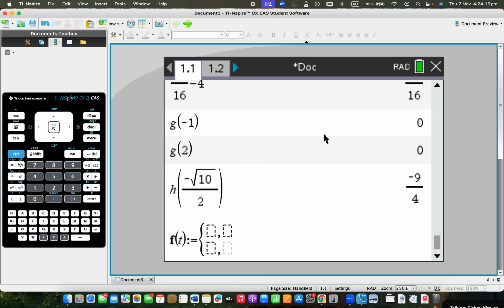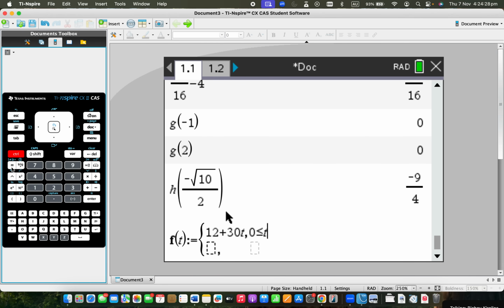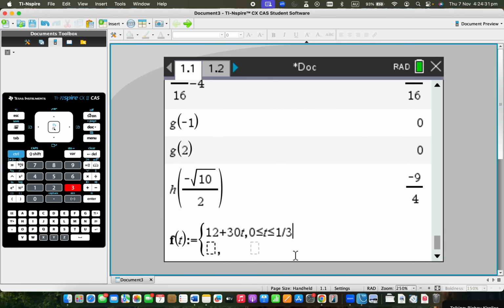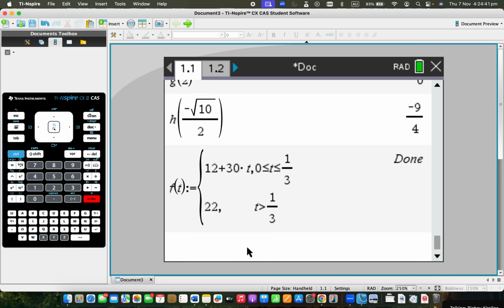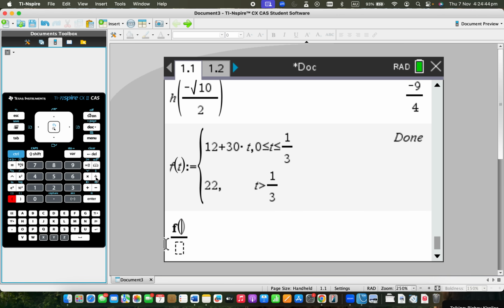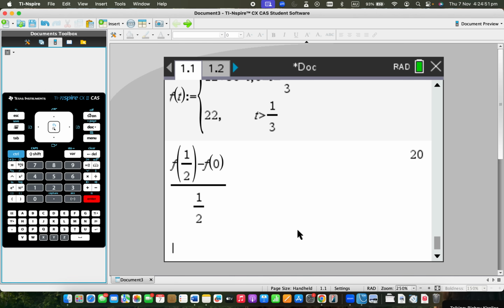We've got two equations, and then the first one was 12 plus 30t for 0 less than or equal to t, which is less than or equal to 1/3, and then it was just 22 for t is greater than 1/3. And so we want the average rate of change, so that would be f of 1/2 minus f of 0 over 1/2, and that's 20.